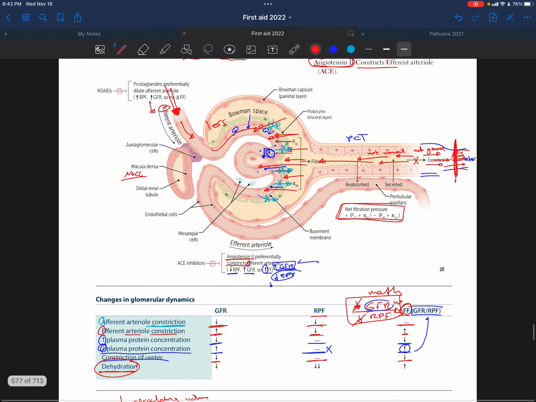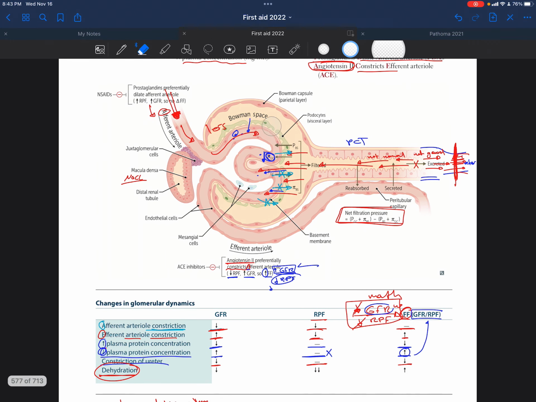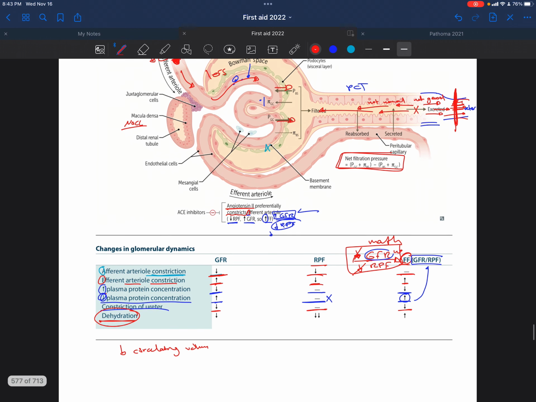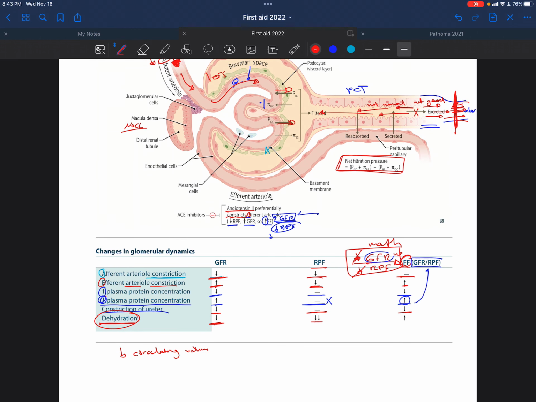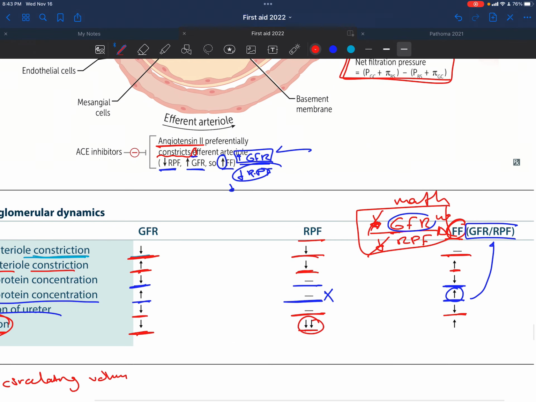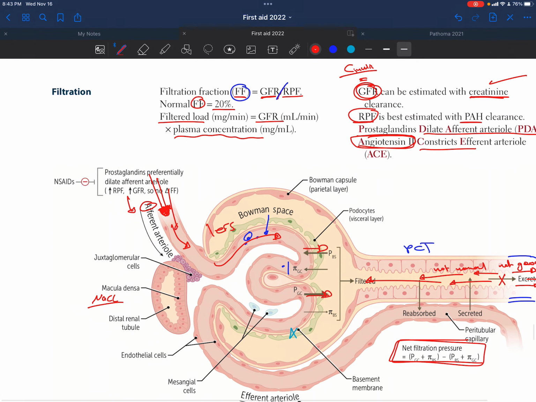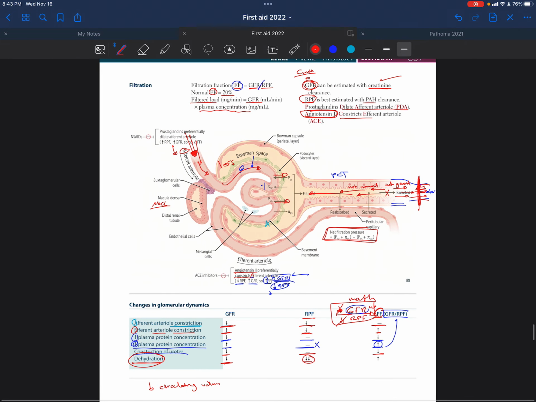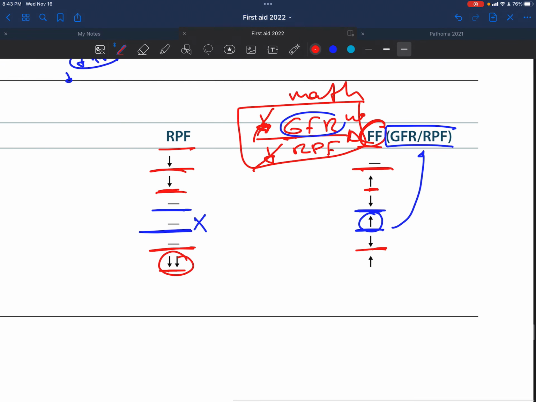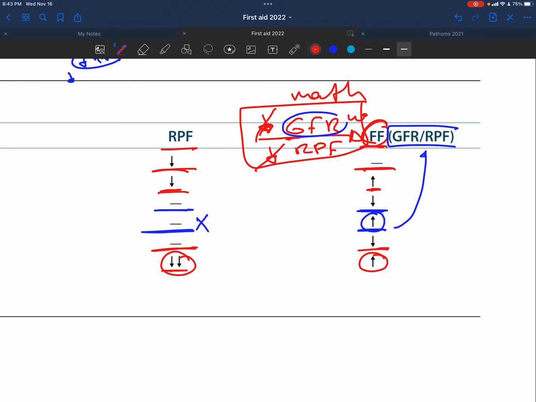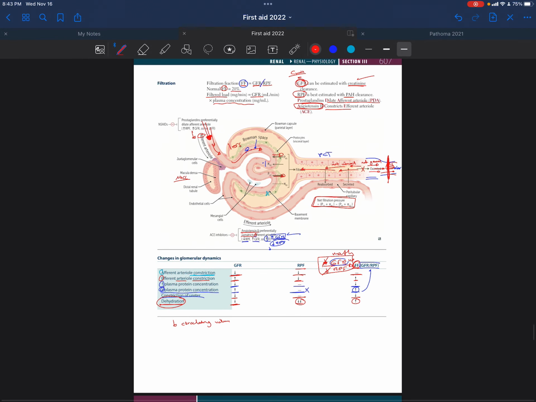And if it's less than expected, then of course there will be less filtration. So the GFR is reduced while the renal plasma flow, this is our main issue, is overly reduced because we have only a small amount of blood flowing in, and then according to the math, the filtration fraction is increased. And that's it for the filtration.